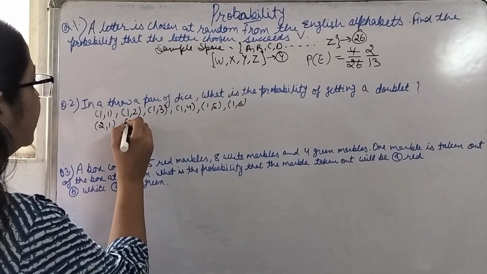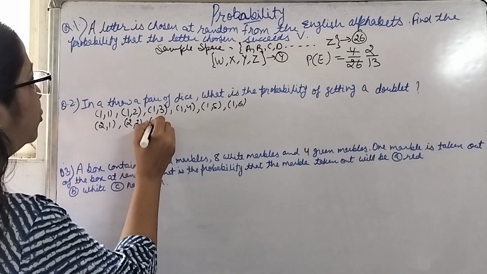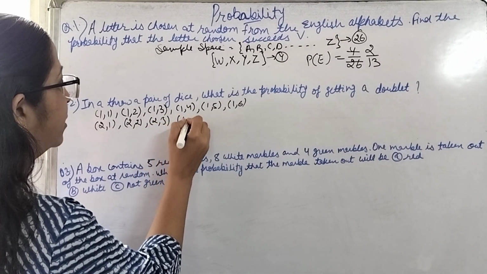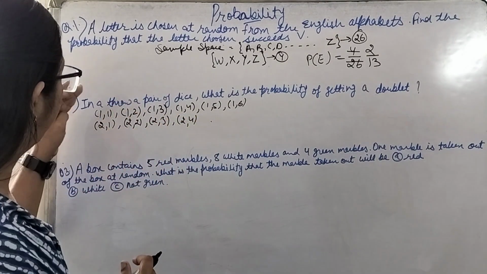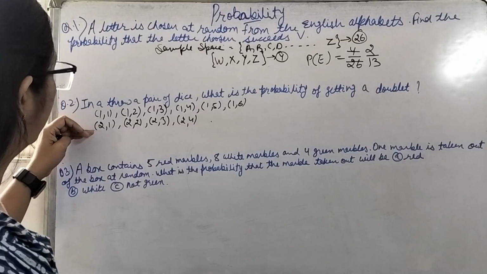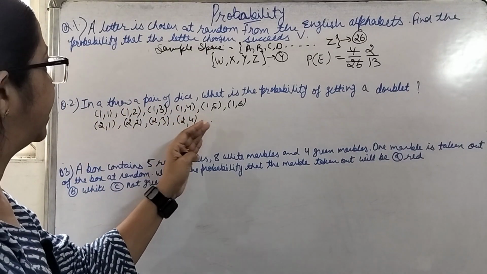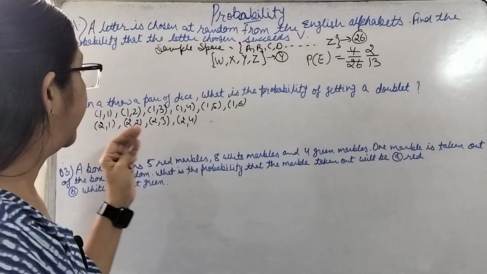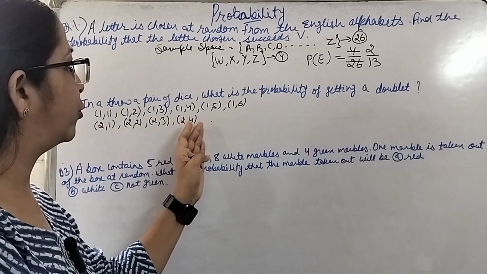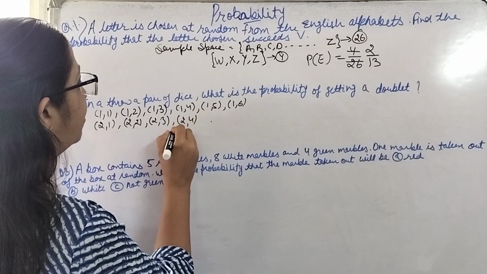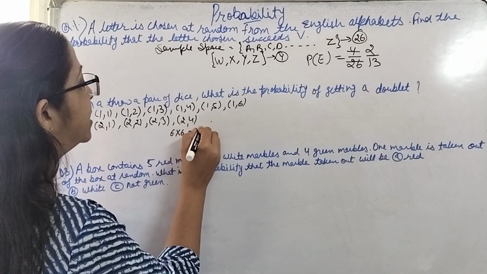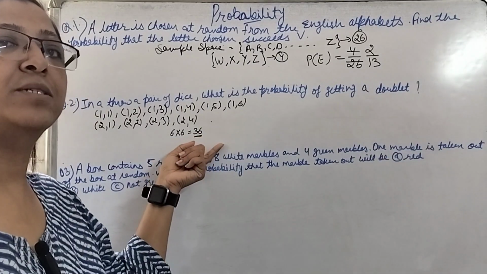On the second dice it could be 1 or 2 or 3, like that. Similarly, the first dice could be 1, 2, 3, 4, 5, 6, and on the second dice again there will be 6 conditions, either 1, 2, 3, 4, 5, 6. That means 6 into 6, 36 total possible outcomes.